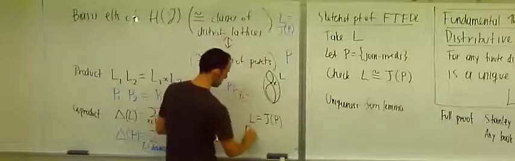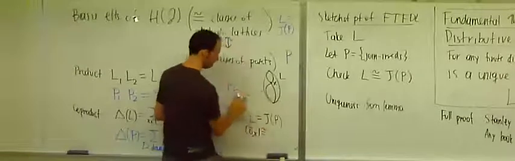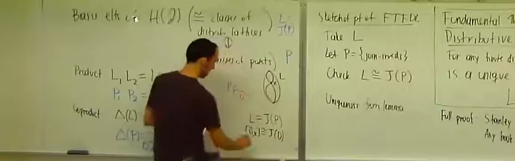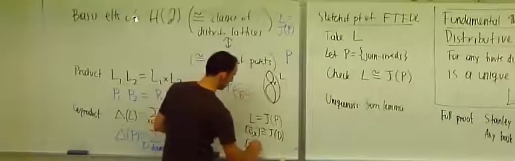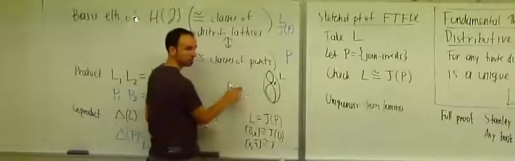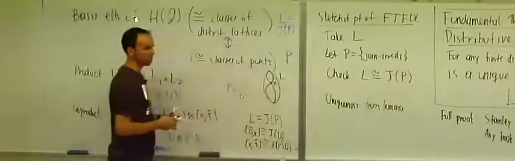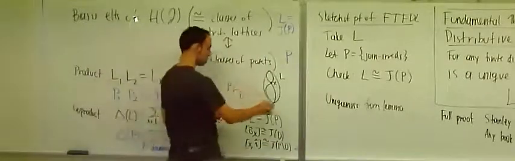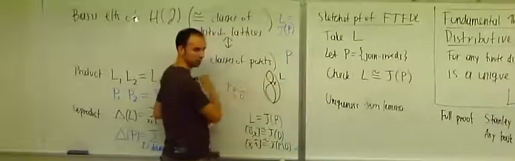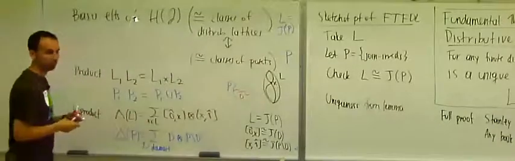So the interval from 0 to x is isomorphic to J of D. And again, it's very easy to check that the interval from x to 1 is isomorphic to J of P minus D. So in your lattice, jumping to the middle and then to the top corresponds to, in your poset, cutting it in half and putting the bottom half on one side and the top half on the other side. Okay?